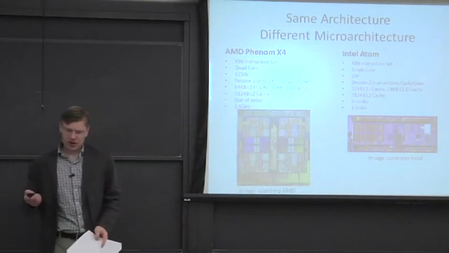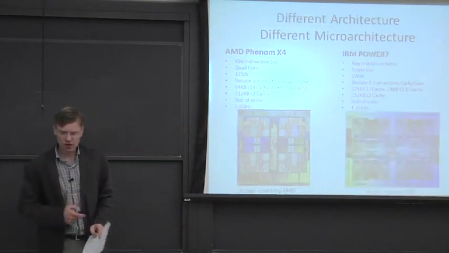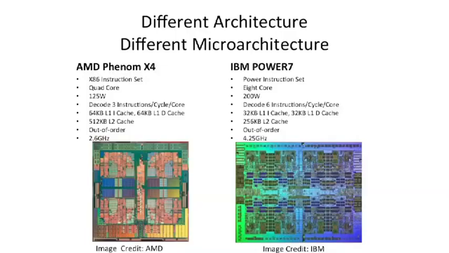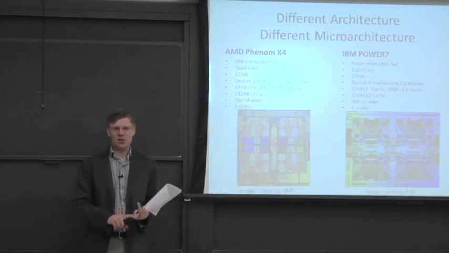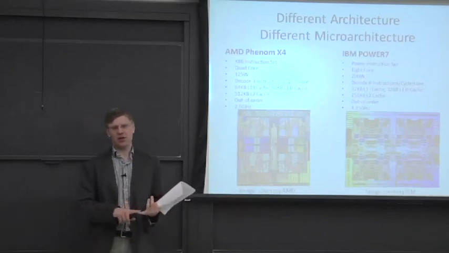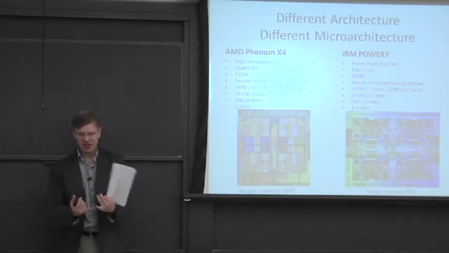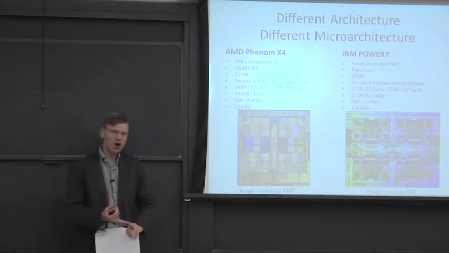And I wanted to contrast this with different architecture, or different big A architecture, and different microarchitecture. If we think about some different examples of instruction set architectures, there's x86, there's PowerPC, there's IBM 360, there's Alpha, there's ARM.